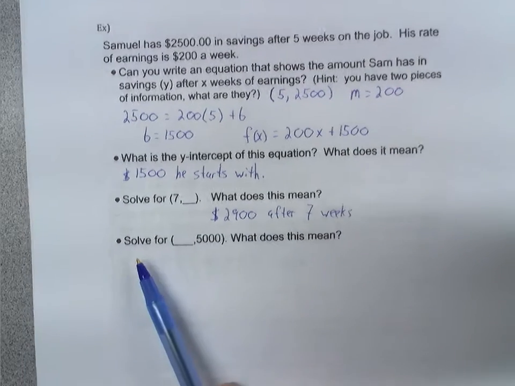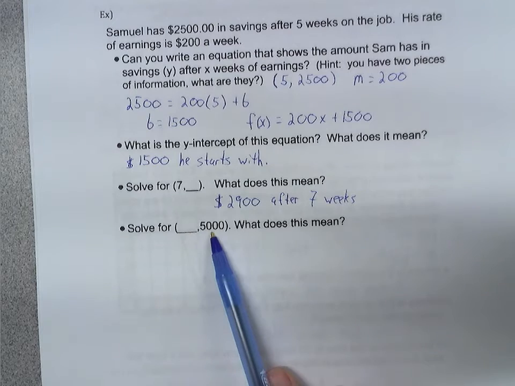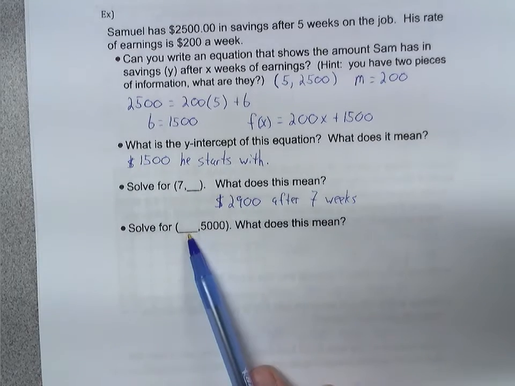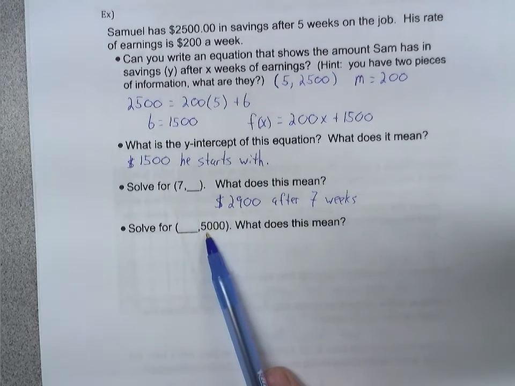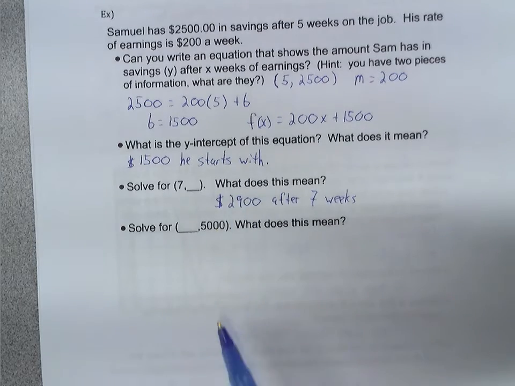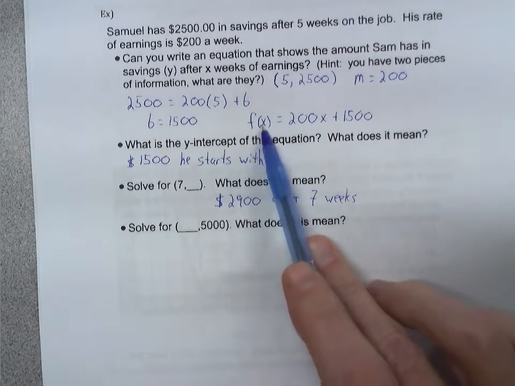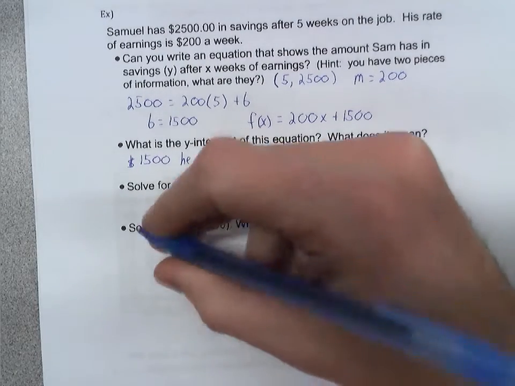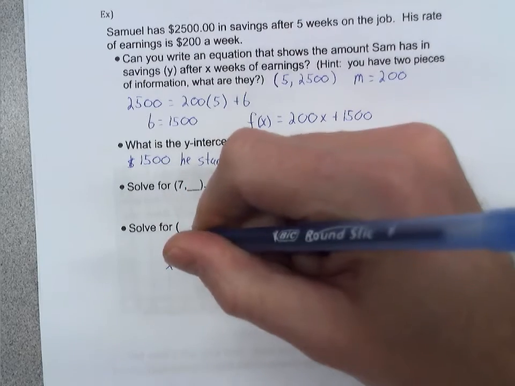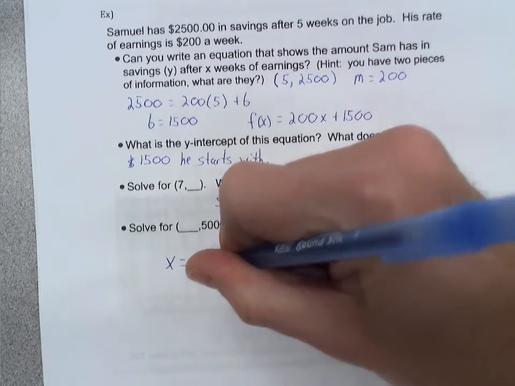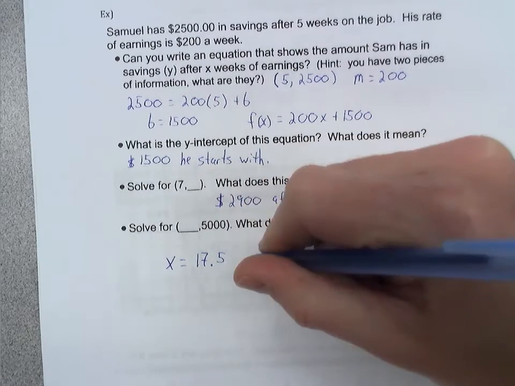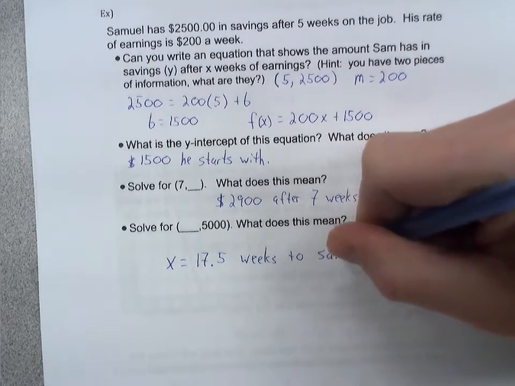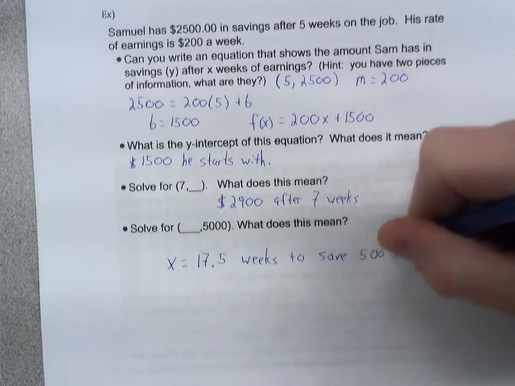Okay, and then we have this next example. Solve for 5,000. So basically what we want to know now is how many weeks it is going to be until he has $5,000. So we can take the 5,000 and put it into the equation. 5,000 would go in for f of x, or y, and then we can solve, and we would find that x would be equal to 17 and a half weeks to save $5,000.